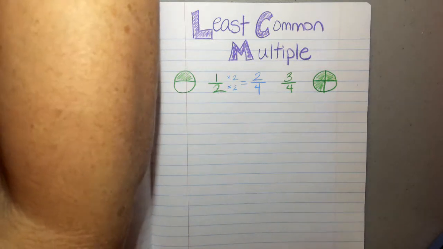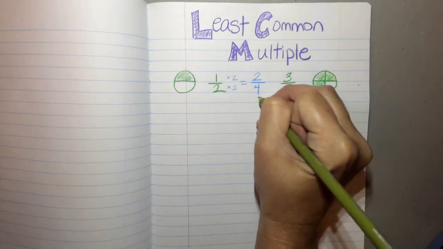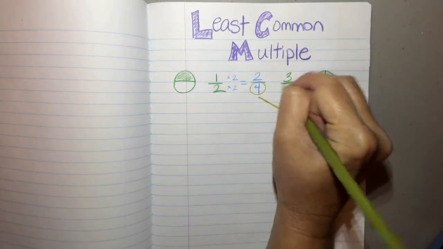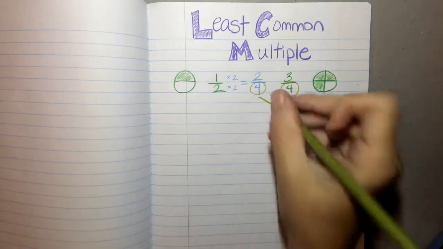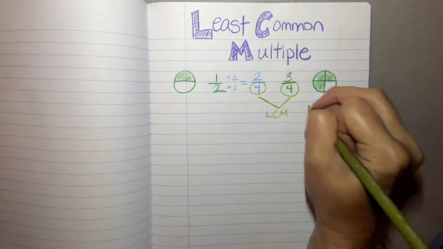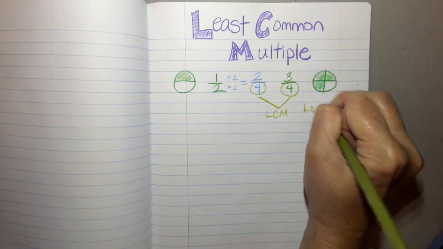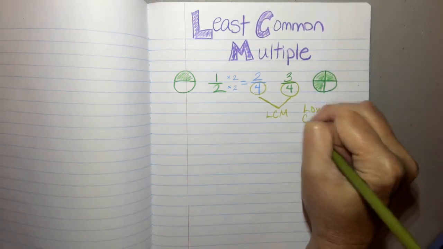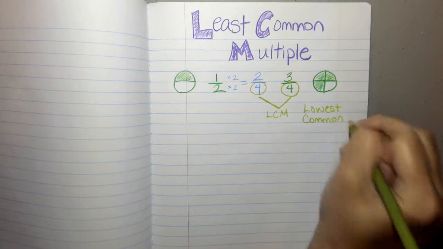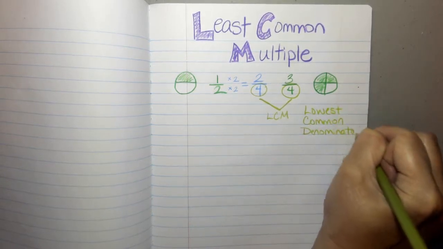And because we've got 4's on both, okay, that was the least common multiple, okay, and it was also the lowest common denominator, okay.